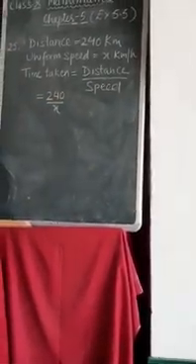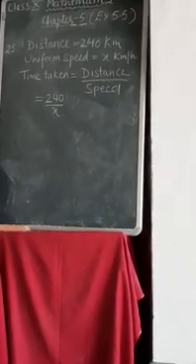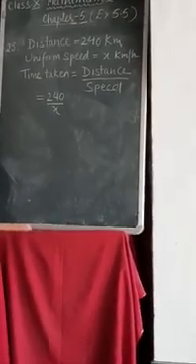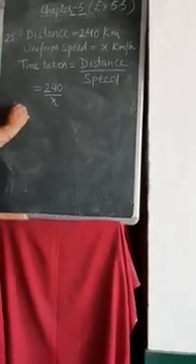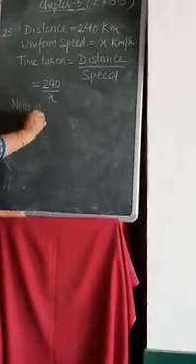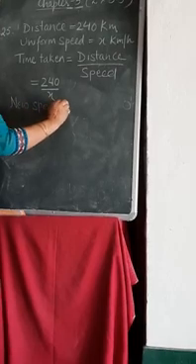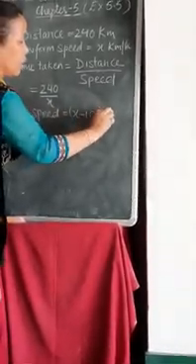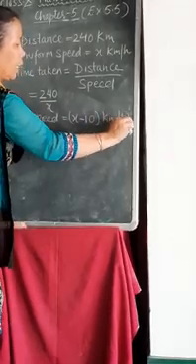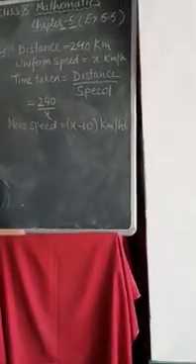But due to heavy rain, the speed of the bus is reduced by 10 km per hour. It means now the new speed is x minus 10 km per hour, and the distance is the same.